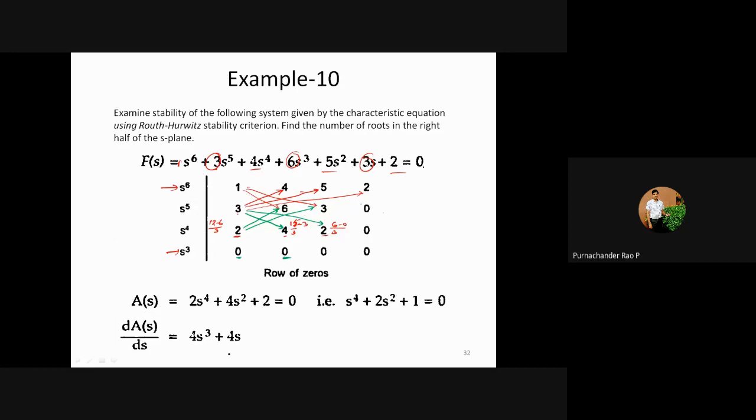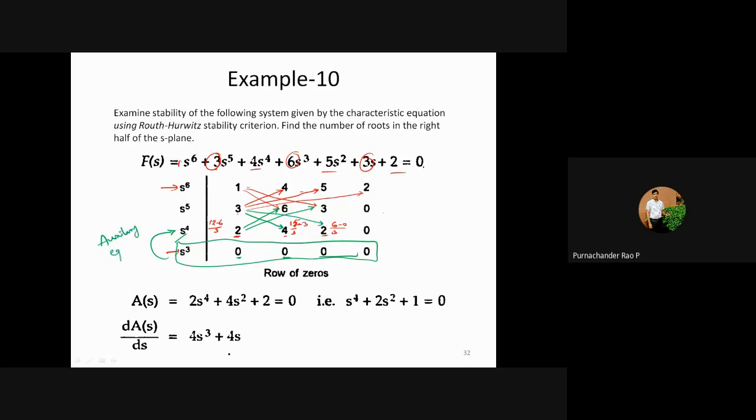Then 2 into 0, so these values are zeros. You observe that this s power 3 row is all zeros, and therefore you cannot proceed further. So we take the s power 4 row as the auxiliary equation.